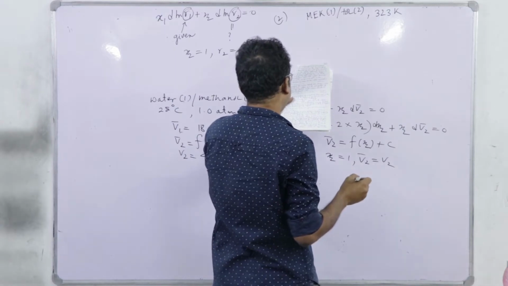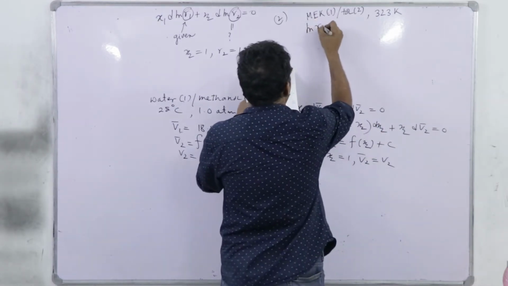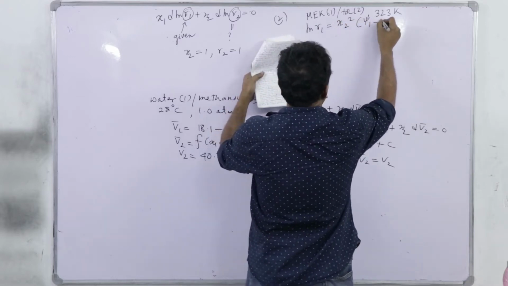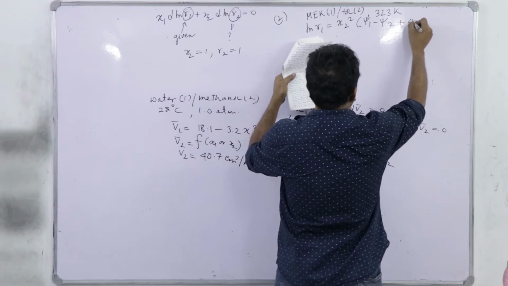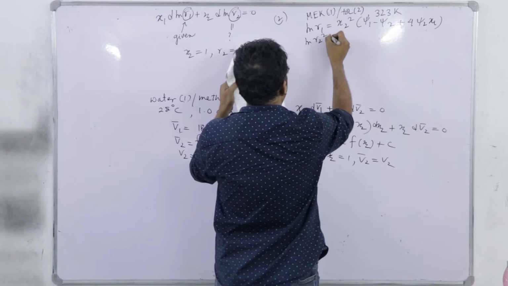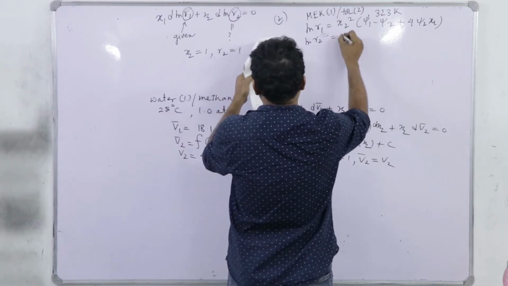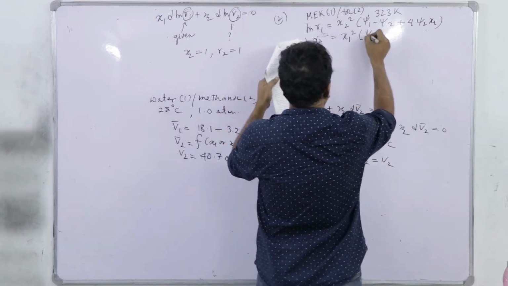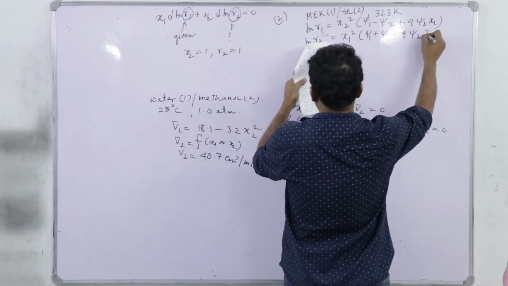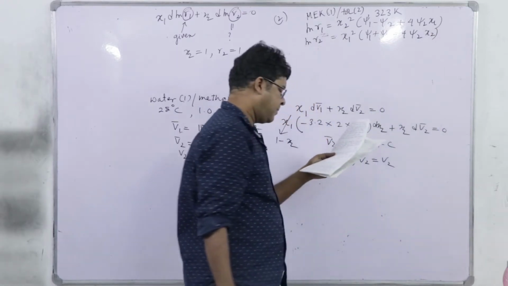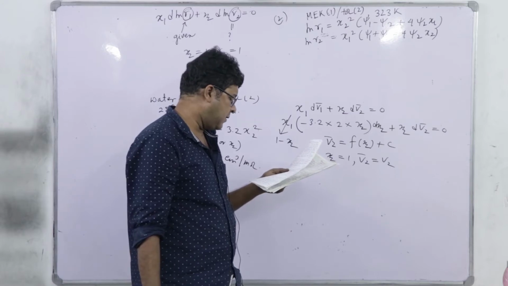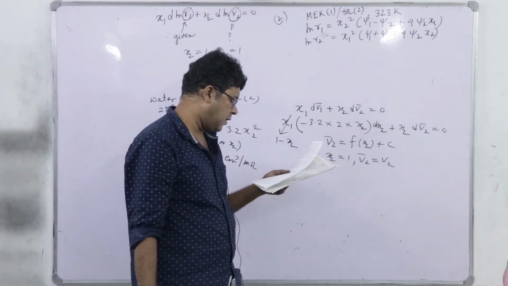The activity coefficients gamma 1 and gamma 2 are given as ln gamma 1 is equal to x2 square (xi 1 minus xi 2 plus 4 xi 2 x1), and ln gamma 2 is equal to x1 square (xi 1 plus xi 2 minus 4 xi 2 x2). Where x1, x2 are mole fractions in the liquid mixture, and xi 1 and xi 2 are parameters independent of composition.